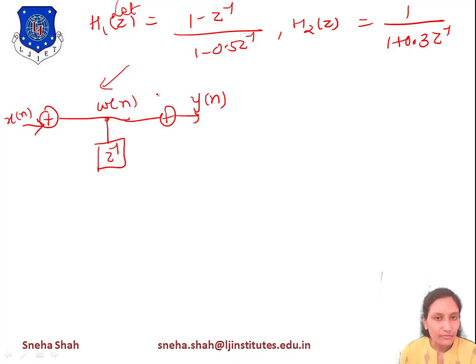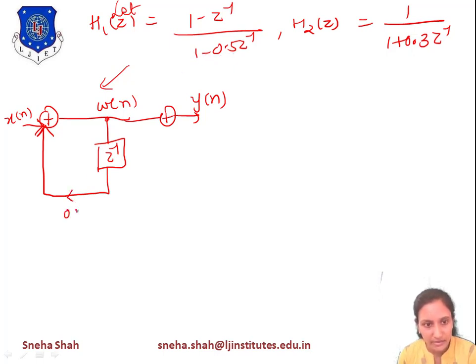In the direct form 2 structure, the first term represents the denominator. Since the term is minus 0.5, we multiply with 0.5. The second term is the numerator part, and since this term is minus 1, we multiply it with minus 1. This gets added with the other term. So this is the representation of H1 of z.